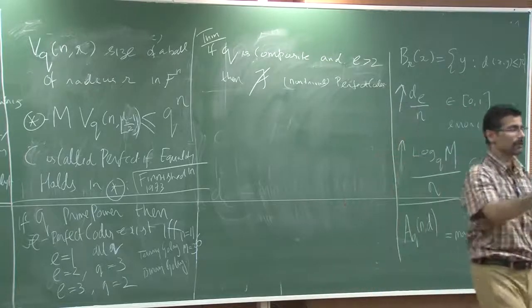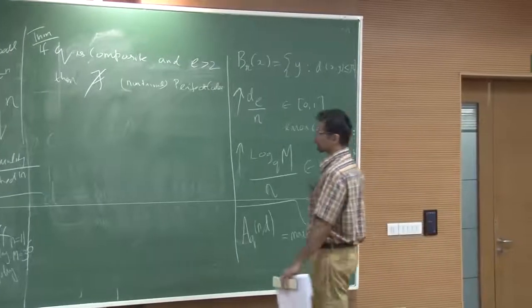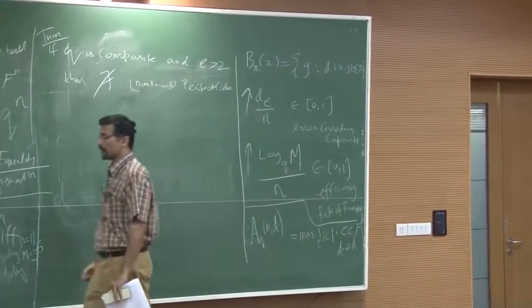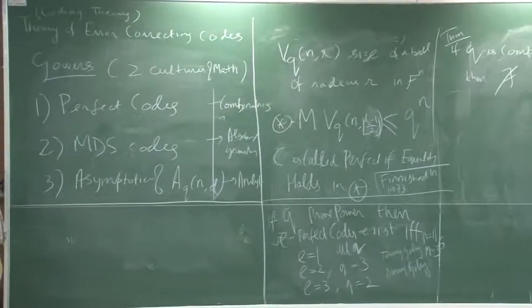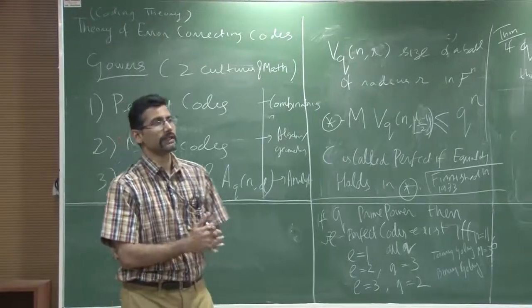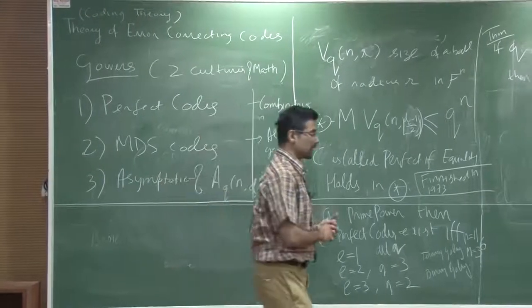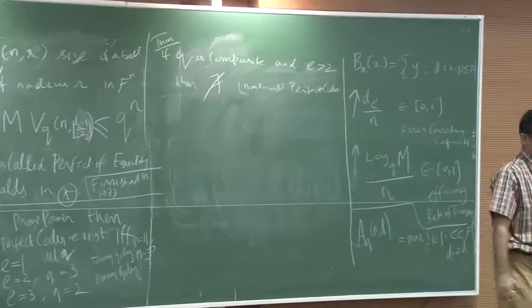Here e is the radius of these balls into which you are partitioning your space, for any n, if the alphabet size is composite. This theorem is not due to one person. It's the culmination of maybe 5 or 6 PhD theses combined.